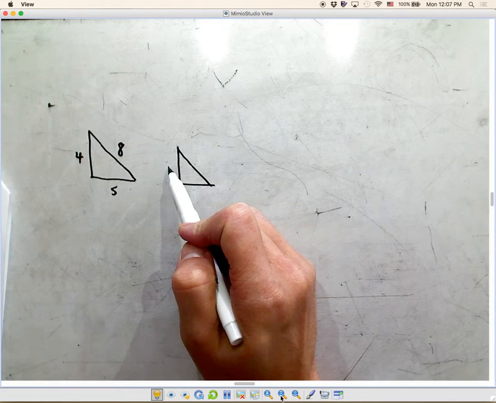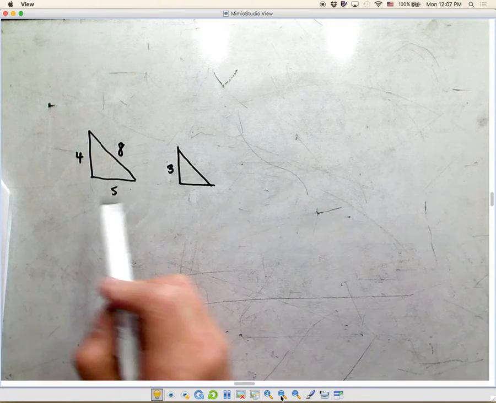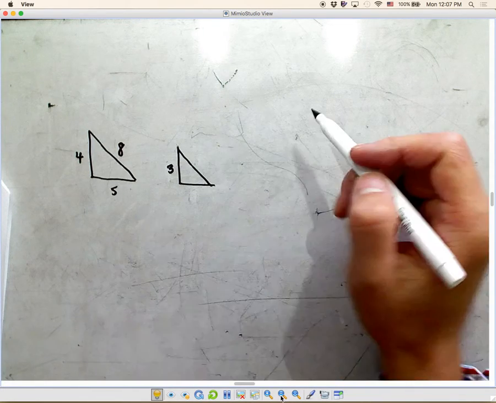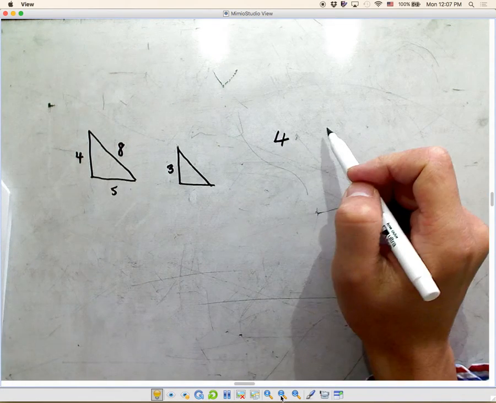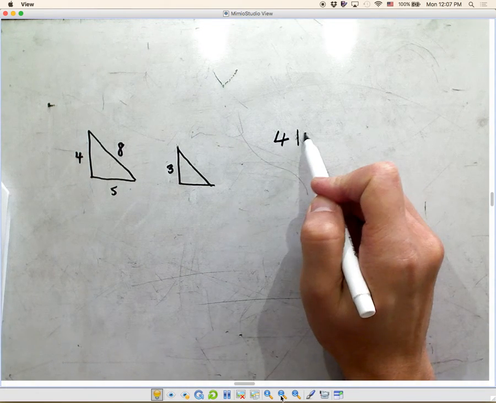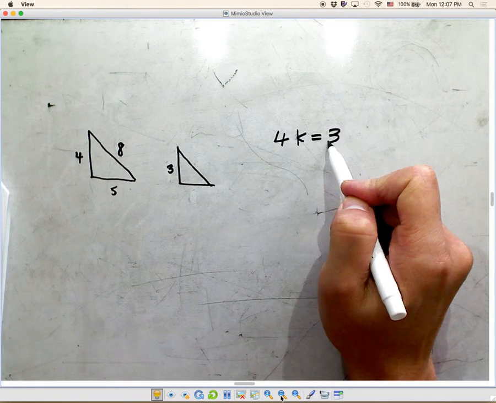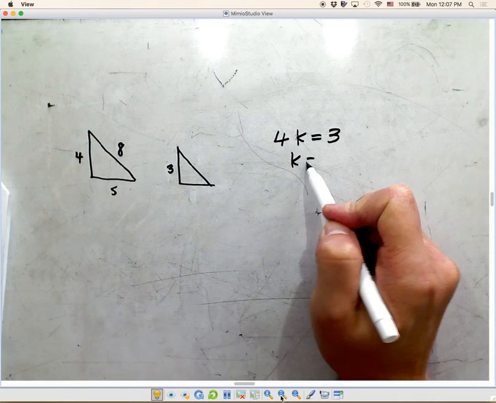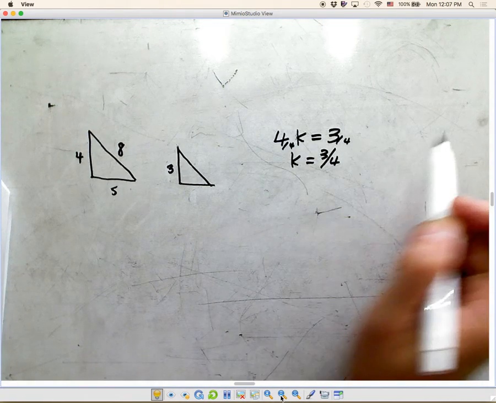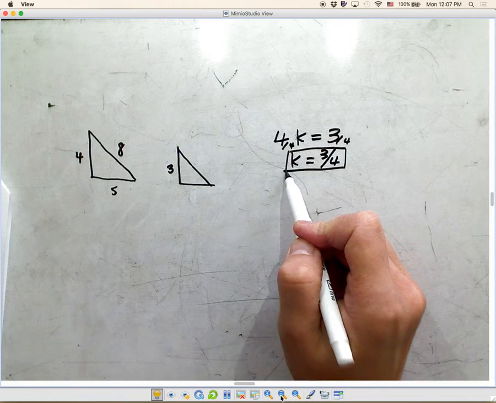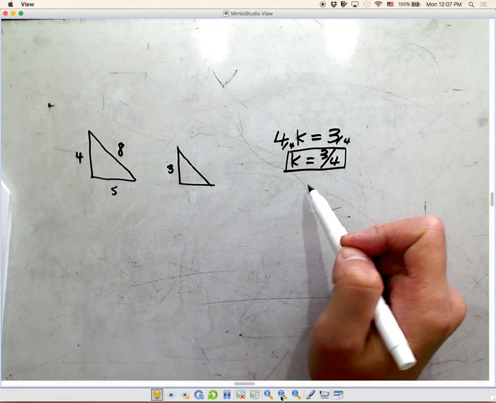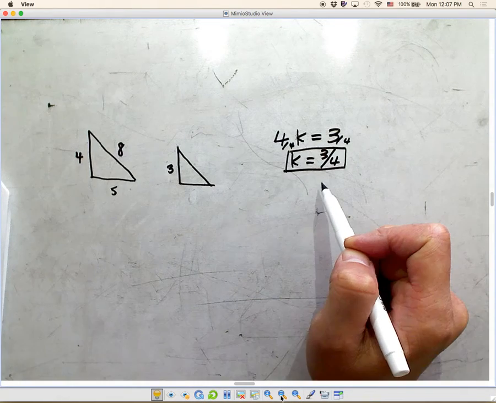Let's suppose you have 3 here. As you see, 4 corresponds to 3. In other words, 4 times some number k has to be equal to 3. So k is 3/4 by dividing both sides by 4. This is the scale factor. Scaling means to multiply each side by a number which we call the scale factor.